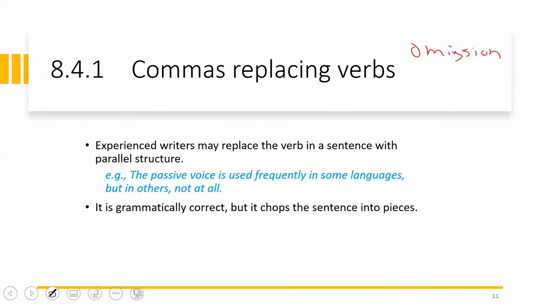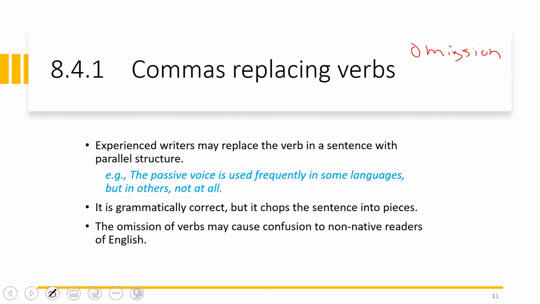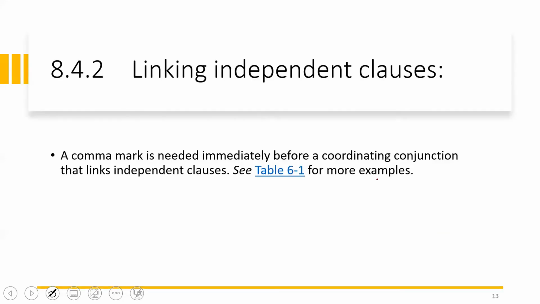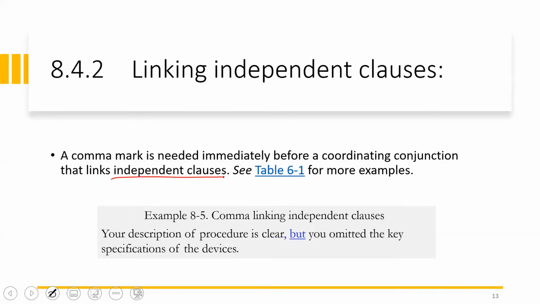So it's grammatically correct, but it chops the sentence into pieces. It is grammatically correct, but the omission may cause confusion to non-native readers. I'm not saying it would cause problems for native readers or those who know it. Both are correct. However, the second one is clearer. When you have an independent clause, for example here, your description of the procedure is clear, but you omitted the key specifications of the devices.